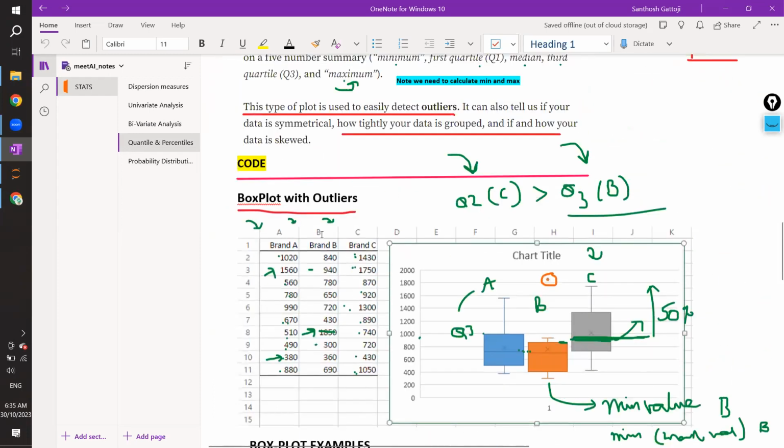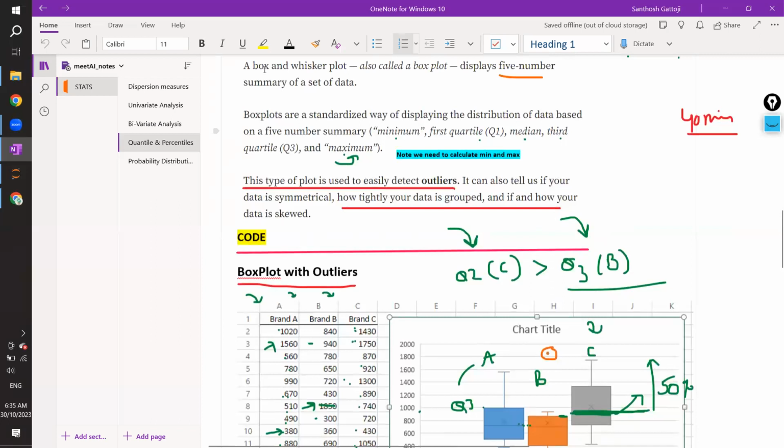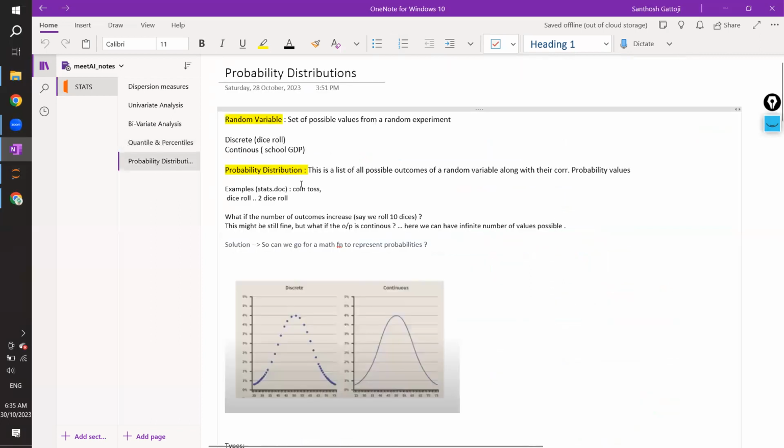Fine. So today we are going to start something called probability distributions. From here, you can call it the next level of statistics. Because what we have studied till last class were general, basic concepts.